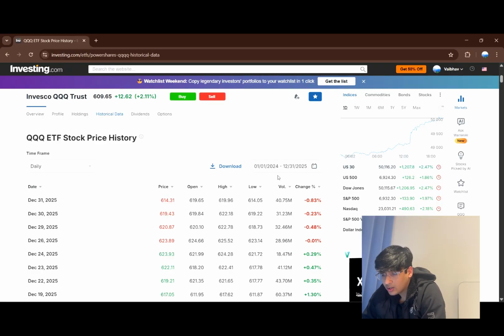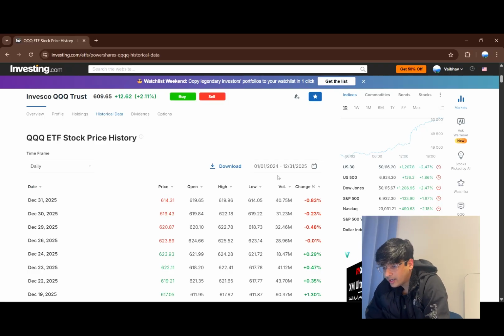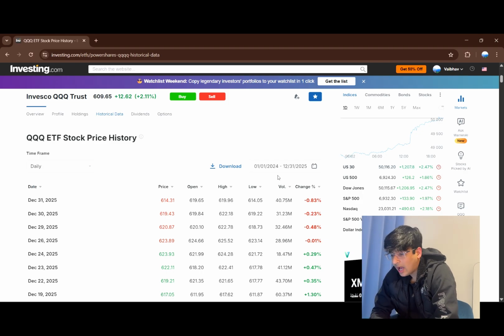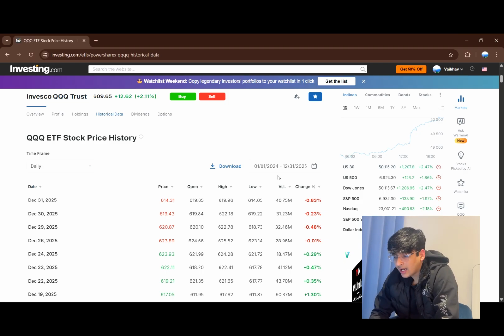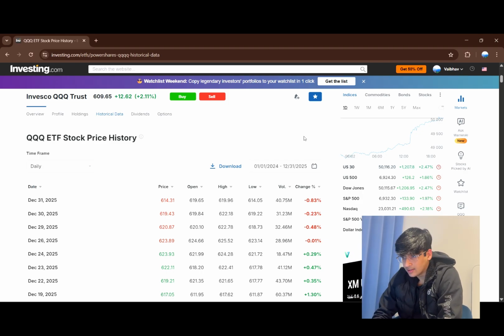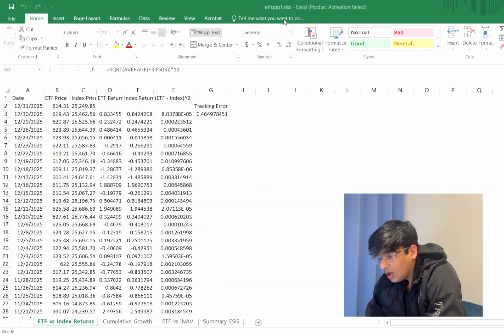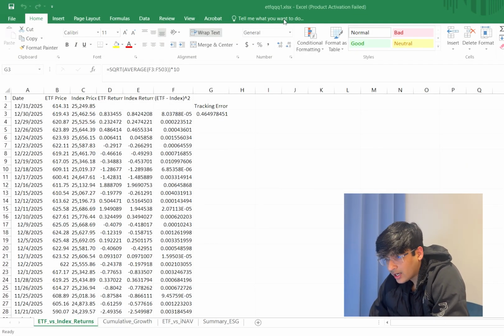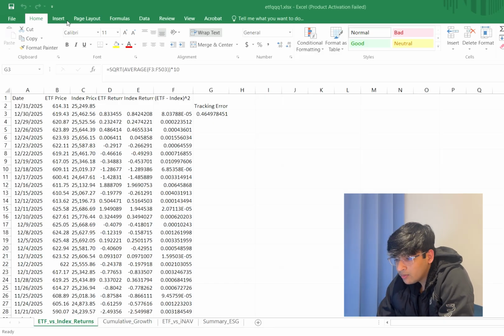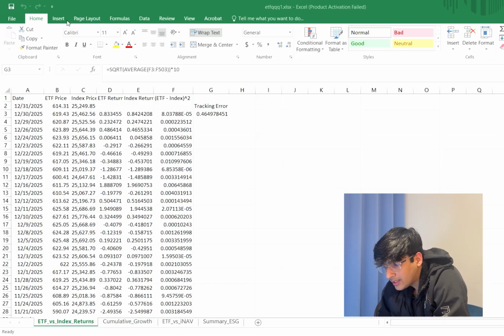This helped me get the raw data, which allowed me to calculate tracking error, cumulative growth, and INAV, to see if any arbitrage opportunity existed. So this is all the data which I have collected. In my first sheet, I have calculated the daily returns. My goal was to find the tracking error, which is the standard deviation of the difference.